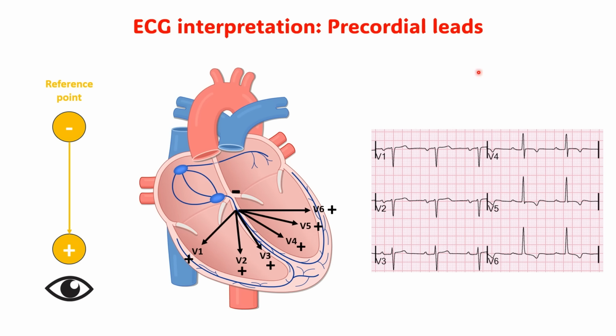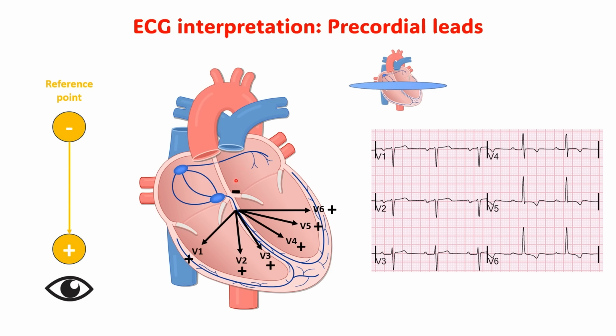So now let's talk about the views which the precordial or chest leads provide. It's important to remember that the chest leads view the heart in a horizontal plane, illustrated by this diagram. Essentially our negative pole is an average of the inputs from the three limb electrodes.